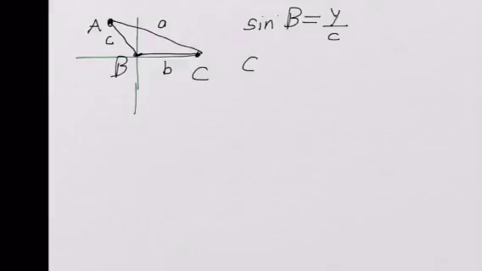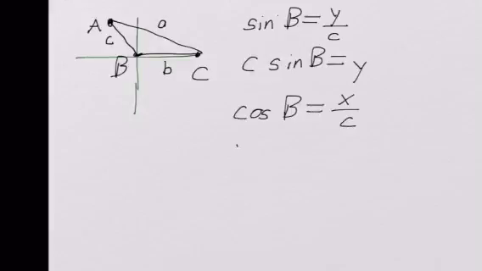And then by extension, c times the sine of B is equal to y. Furthermore, we know the cosine of B is equal to x over c. So we get c cosine of B is equal to x.